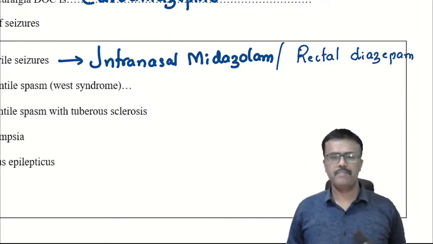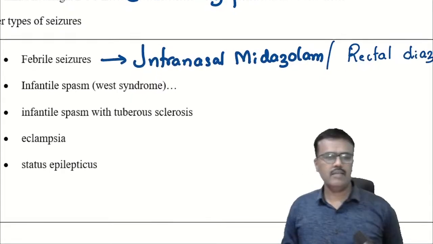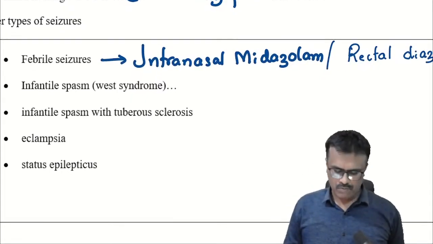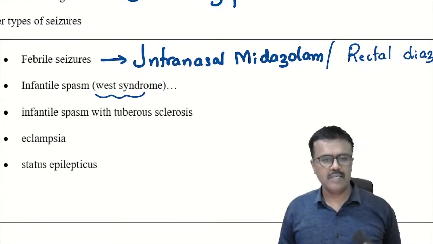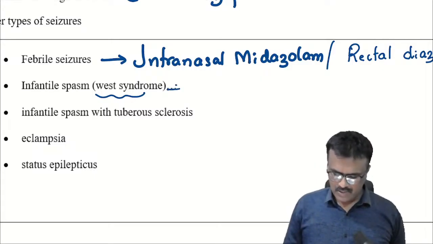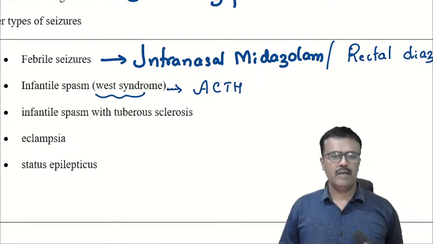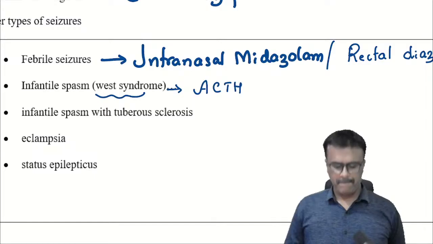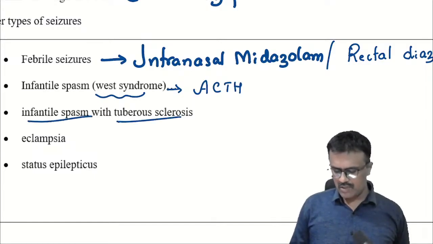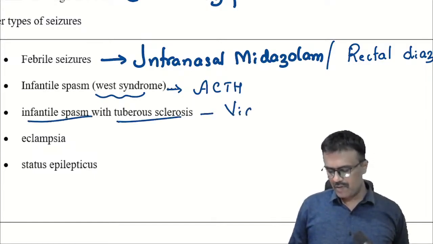Rectal diazepam. Again, there is infantile spasm, West syndrome, hypsarrhythmia, salaam spell. So for that, the drug of choice is ACTH. But same problem with tuberous sclerosis. The drug what we use is vigabatrin.